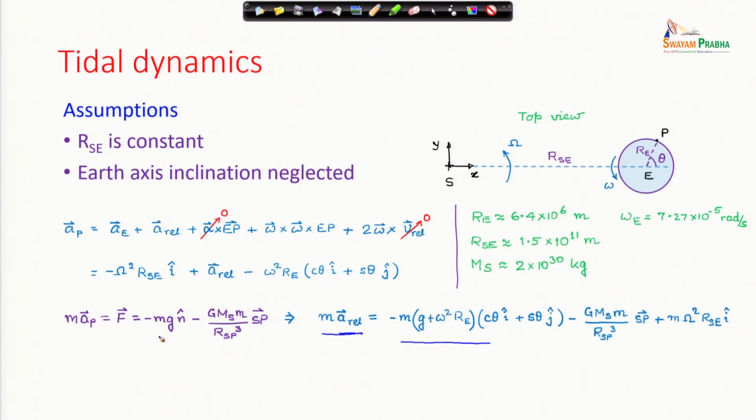Therefore, this mg n cap, you have n cap, and you have terms from here, because I have written mass times Arel. So, this and these things therefore go to the other side and they contribute. For example, this term comes from here.